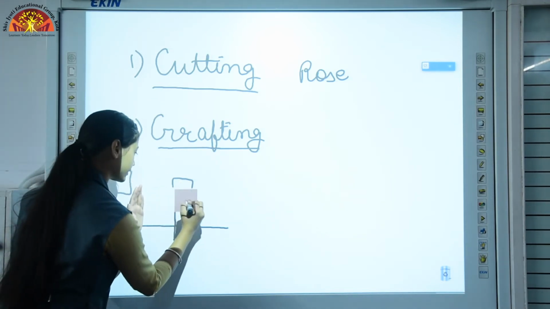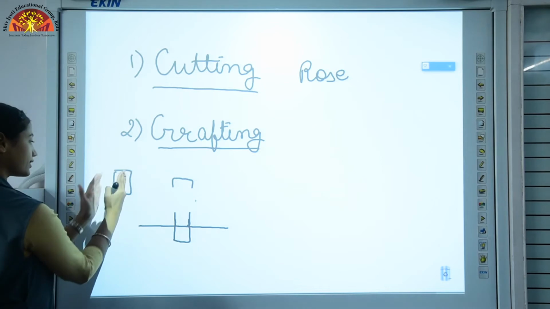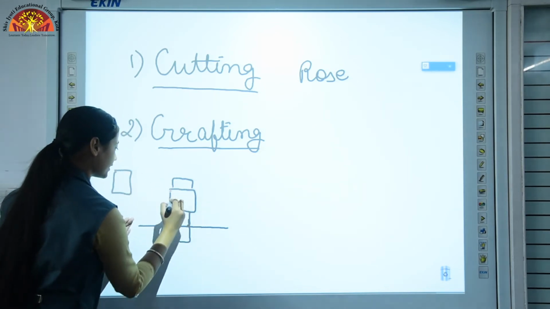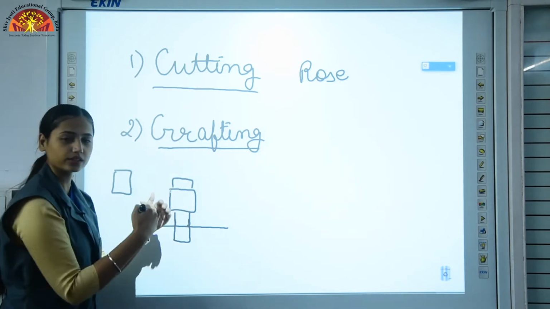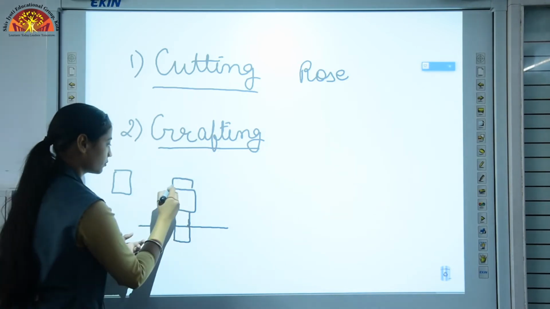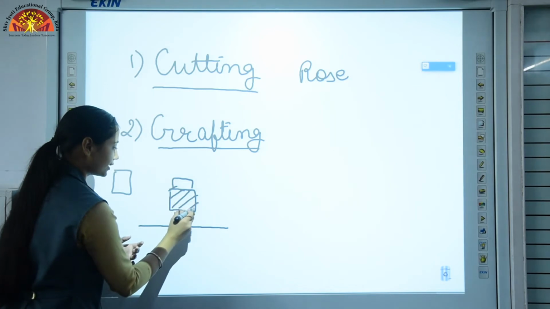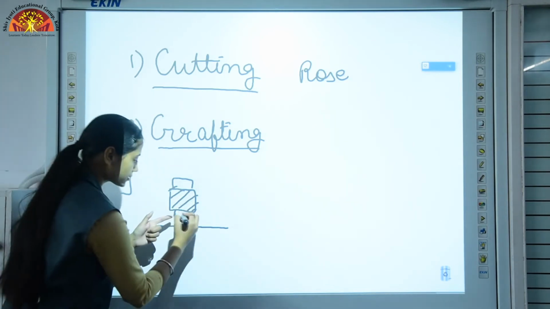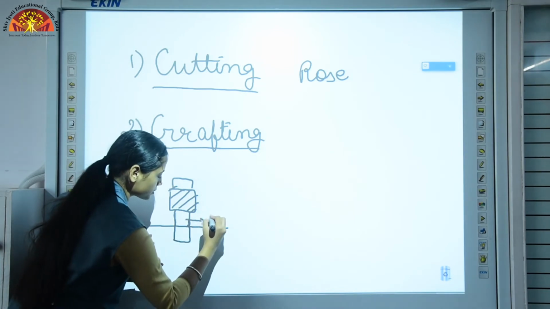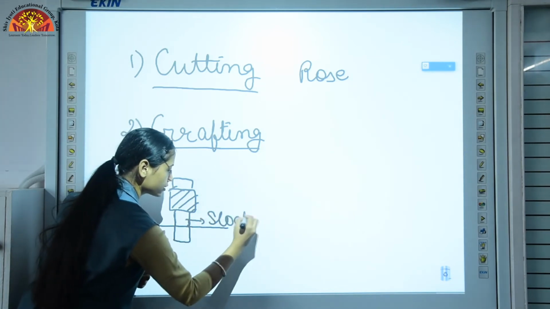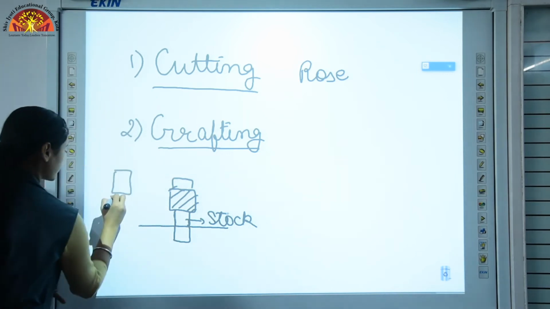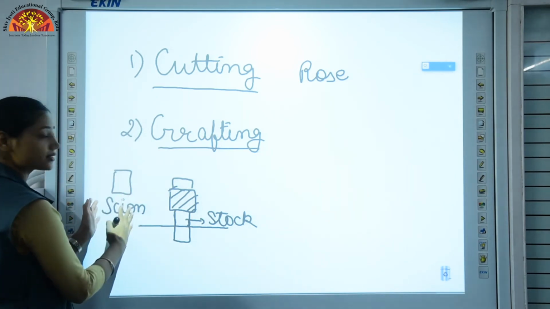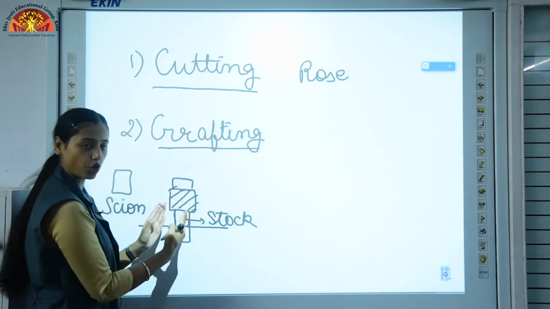We will make a cut here and insert this stem at this place, and then we will tie it with rope or thread, and after a few days it will develop into a new plant. This rooted stem is known as the stock and this part is known as the scion. So in grafting, the scion is inserted into the stock.